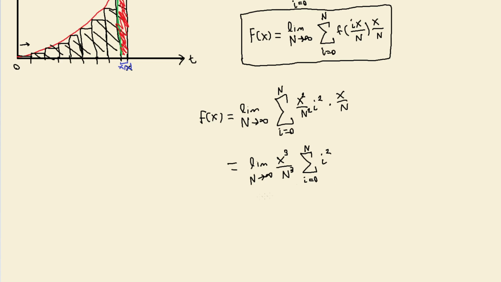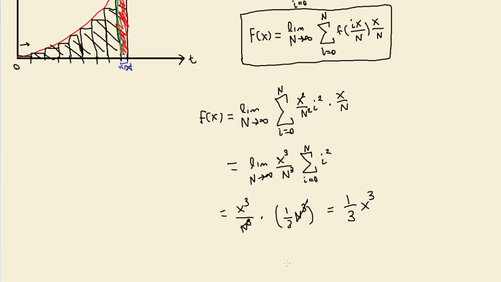We're going to get x cubed over n cubed multiplied by this series, which, as you take the limit as n approaches infinity, approaches the behavior of 1/3 n cubed. When you multiply these together, the n cubes are canceled, and magically we no longer have any n's in our equation. We're just left with 1/3 x cubed.